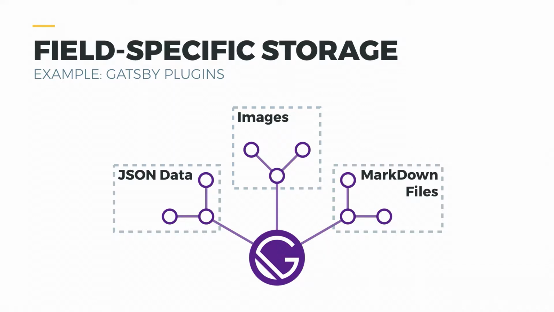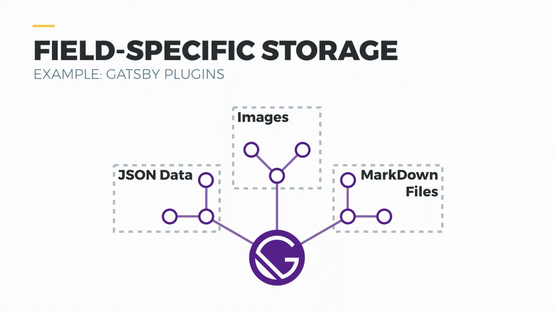Gatsby plugins use that GraphQL ability to say, hey, for this field, I'm going to grab that data from Markdown files. And for this other field, I'm going to grab the information from images in a directory. And in this other field, I'm going to grab all the source of that from JSON data.